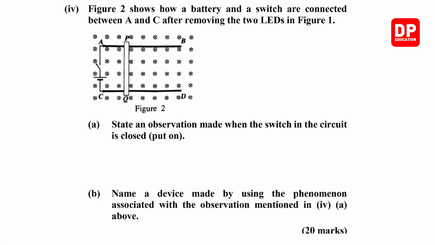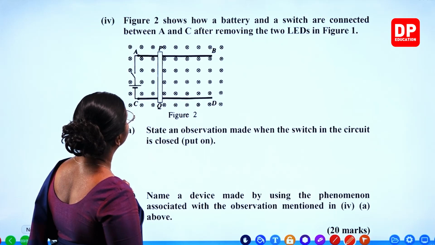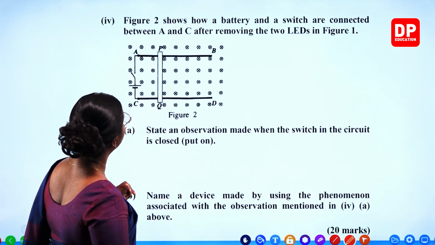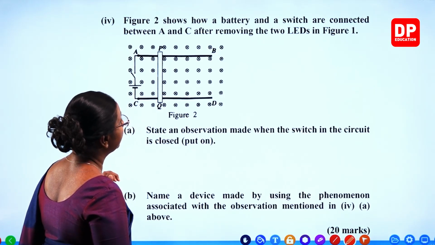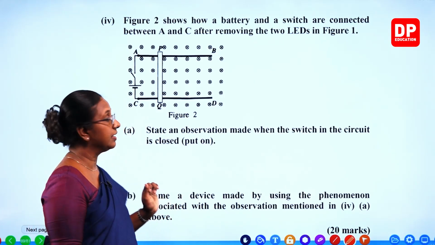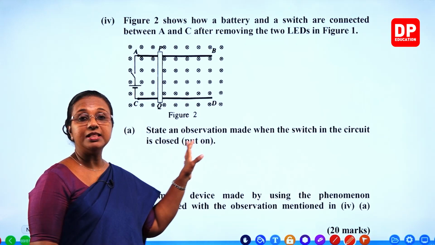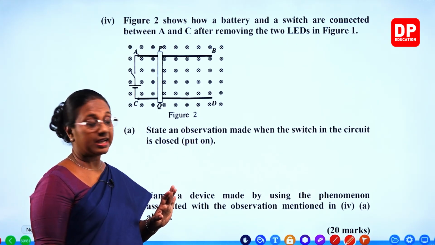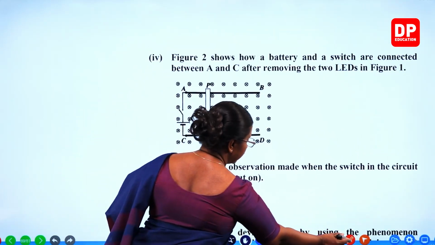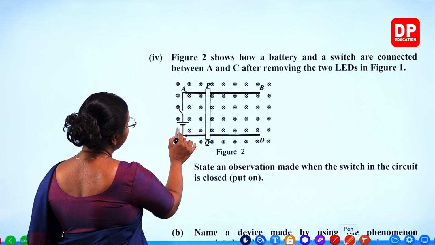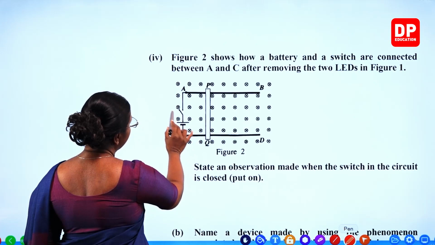So here, part 4. Figure 2 shows how a battery and a switch are connected between A and C after removing the 2 LEDs in figure 1. So in the previous figure, they have modified the activity. Here you can see, instead of the LED, students, there is a battery and a switch.